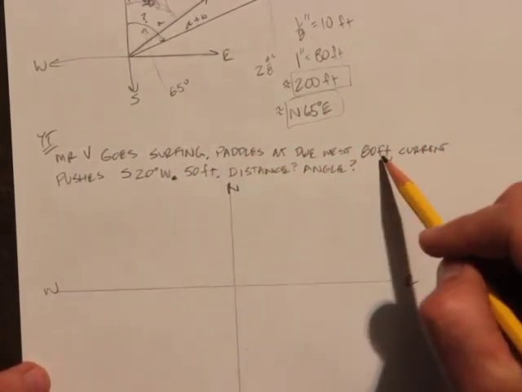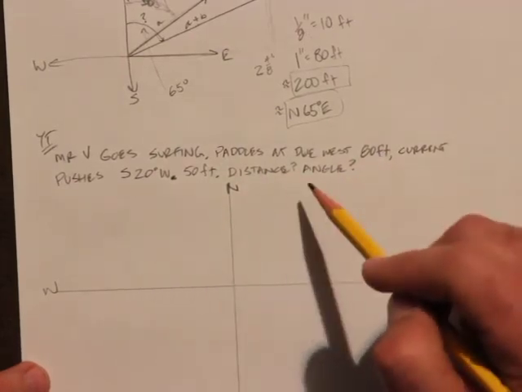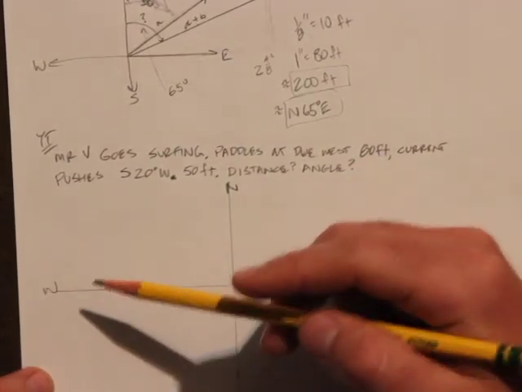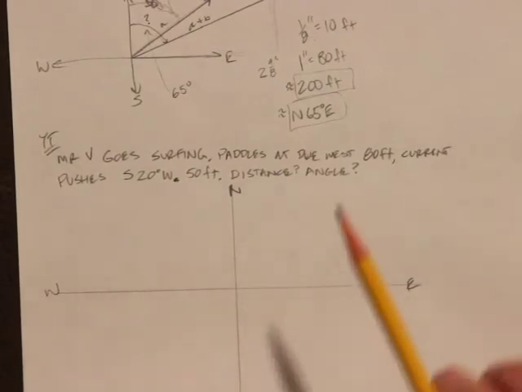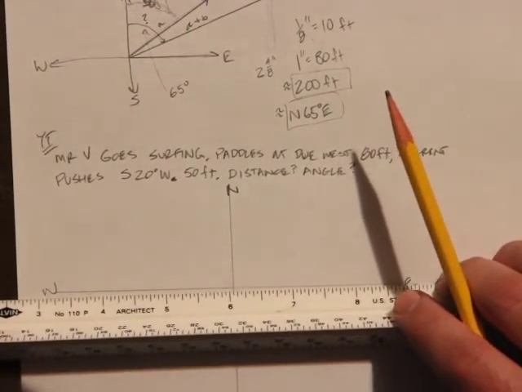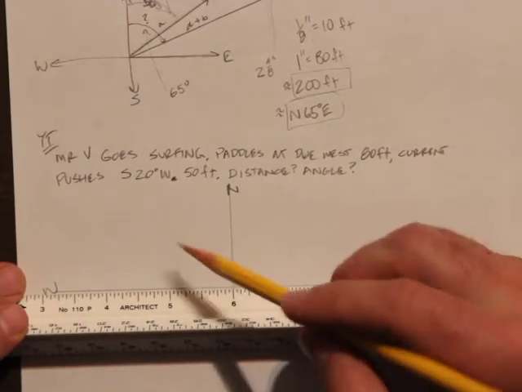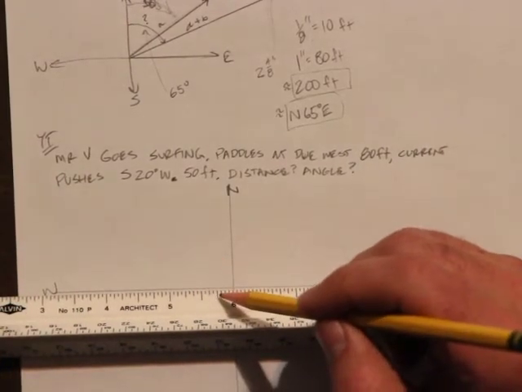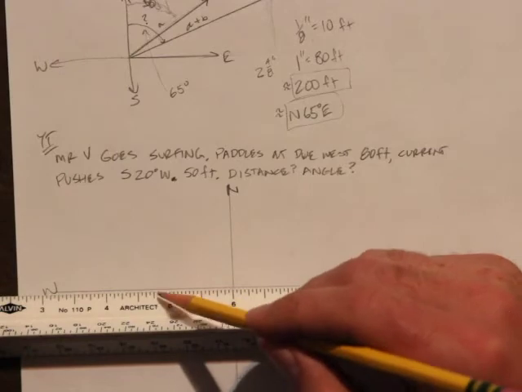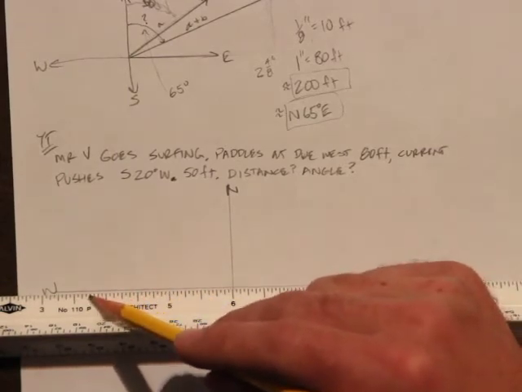Okay, so Mr. V paddles 80 feet due west. So we're going west 80 feet. All right, so let's do a quarter of an inch. Will that work for each 10 feet? 1, 2, 3, 4, 5, 6, 7, 8. Yep.